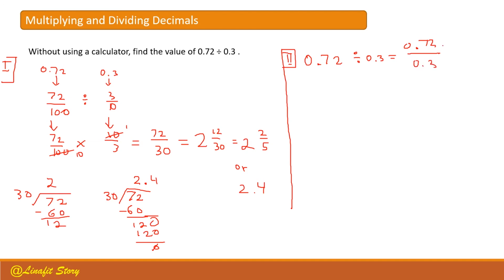Then you multiply each of them with 10. 0.72 times 10. There is only one zero. So you move the decimal place one step to the right. So the answer is 7.2.